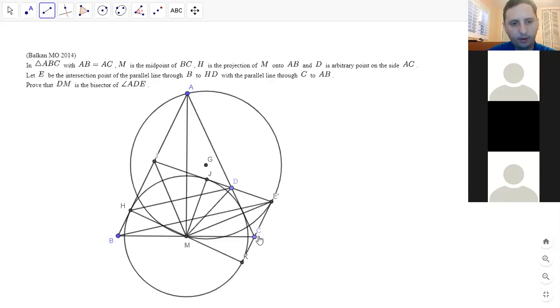Okay, I think I might have a solution here. Let me just think through it a little bit. So BH over HI, that's the same as BH over HM over IH over HM. Then BH over HM is CM over AM.